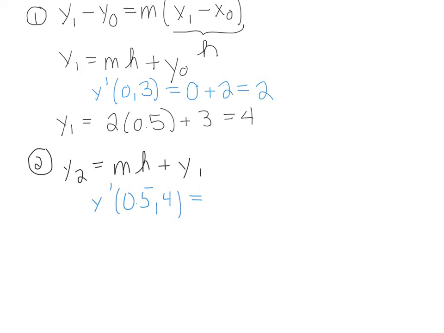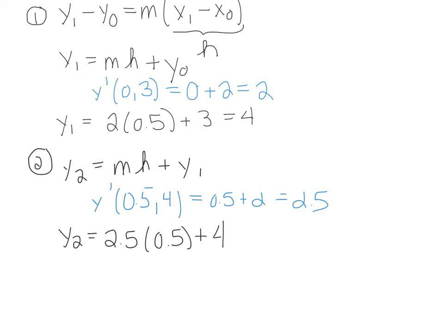So our derivative is given by x plus 2, so that's 0.5 plus 2, which is 2.5. So let's plug that in. So y2 equals our slope, which is 2.5, times our step size, which is 0.5, plus y1, which we calculated to be 4. So at the end of the day, when we simplify all of that, we should get 5.25.